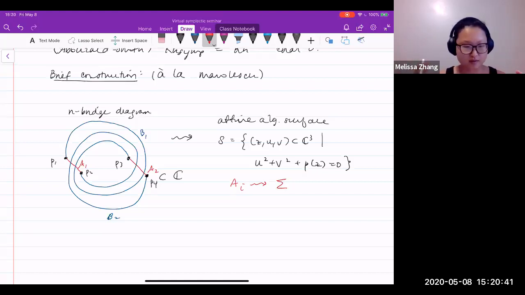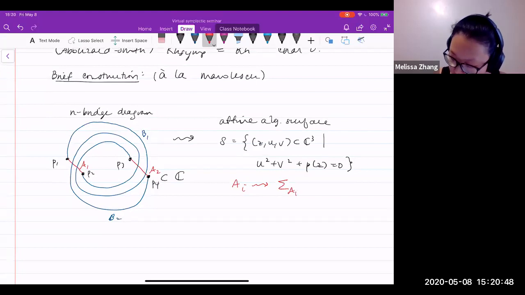It's going to be an S2 that's sort of pinched off on 2 points where it starts meeting the blue curves or the blue S2s. So sigma A_i, which lies above the red curve inside S, is topologically an S2. Similarly, above B_i lies a different S2.